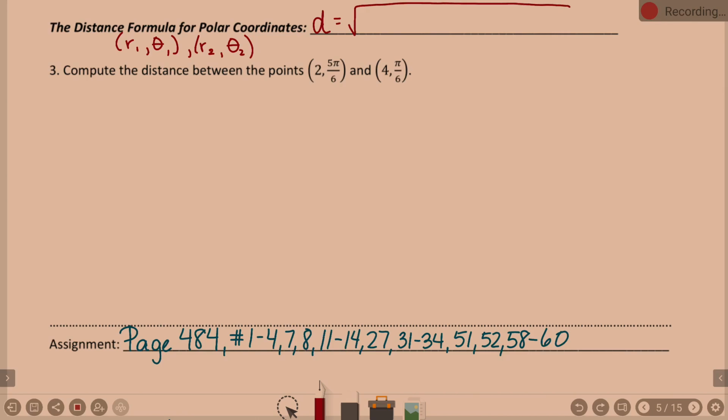Now, as I said, it's not the same on the inside. r1 squared plus r2 squared minus 2 times r1 times r2 times cosine of theta 1 minus theta 2.